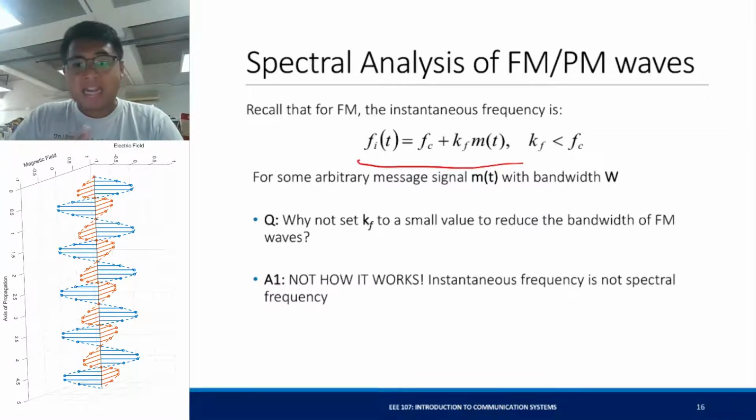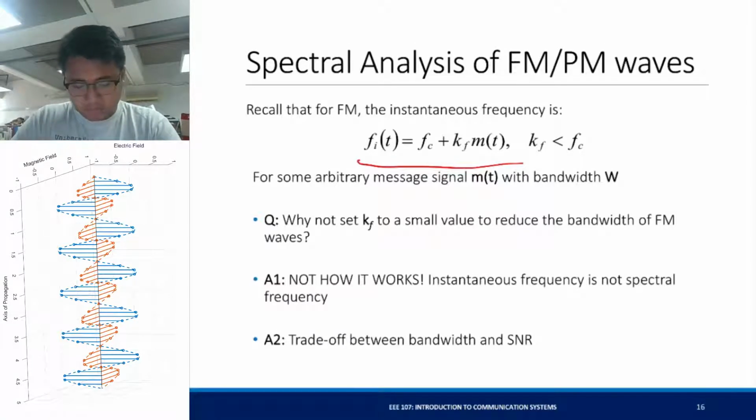So if you want to analyze the spectral content of FM or PM waves, then we have to perform a Fourier analysis. Okay? And there's also a trade-off between bandwidth and SNR. If you have a small KF, then you have a small bandwidth. That's actually intuitive, but it's not how it works, but it's still intuitive.